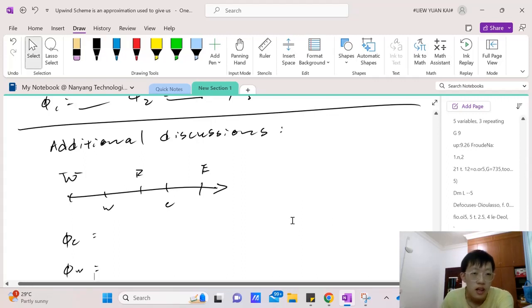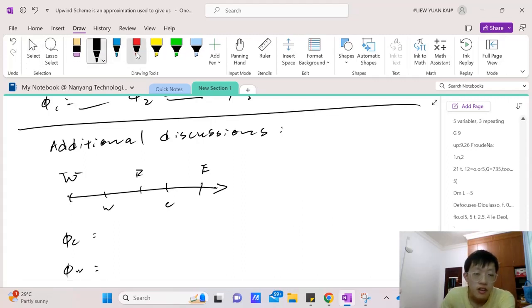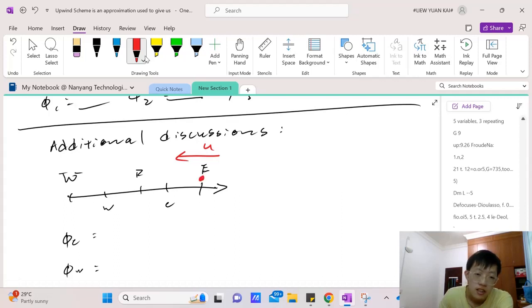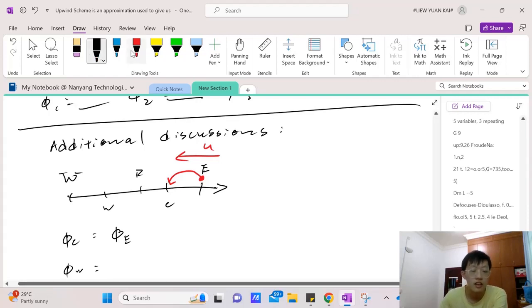So if the fluid velocity is flowing in this direction, I think you can guess by the fart analogy. Now it will be this phi big E being pushed onto phi small e. So phi small e will be equal to phi big E. And then how do I get phi w?